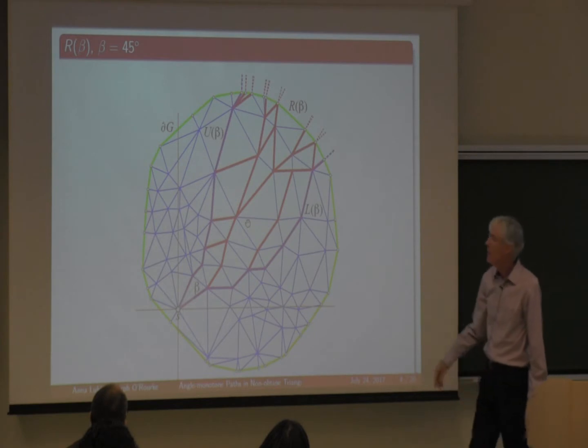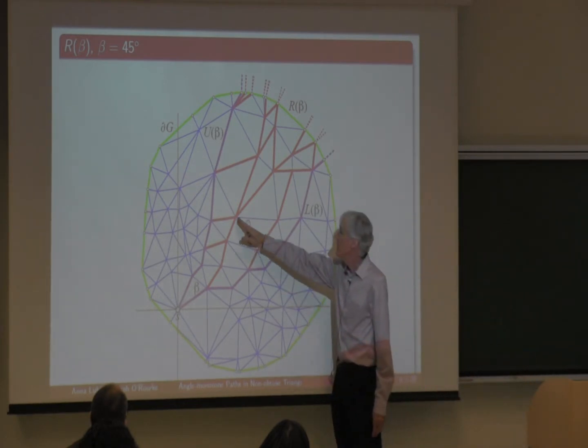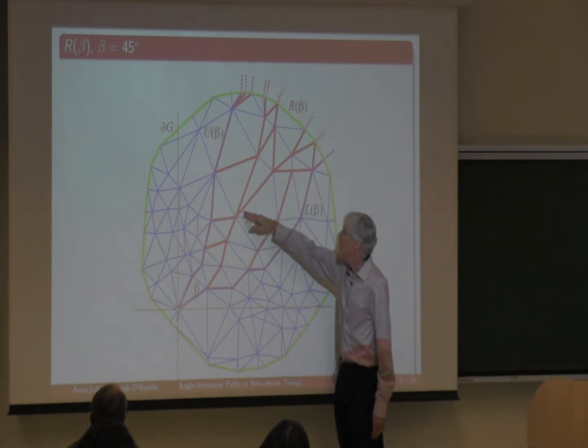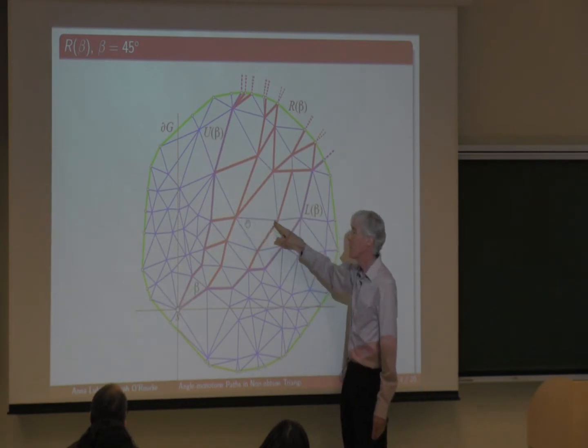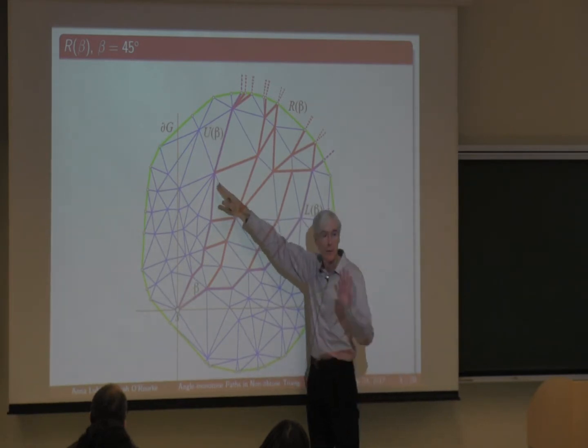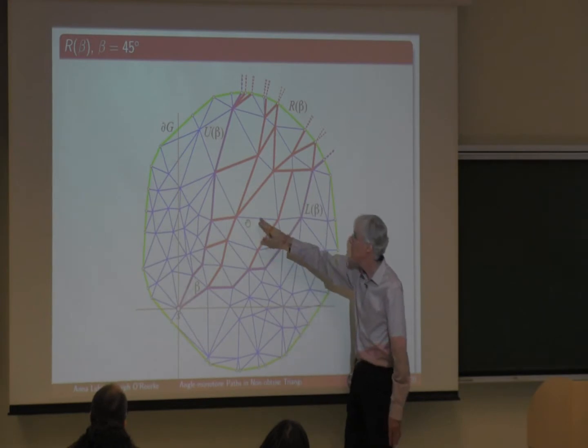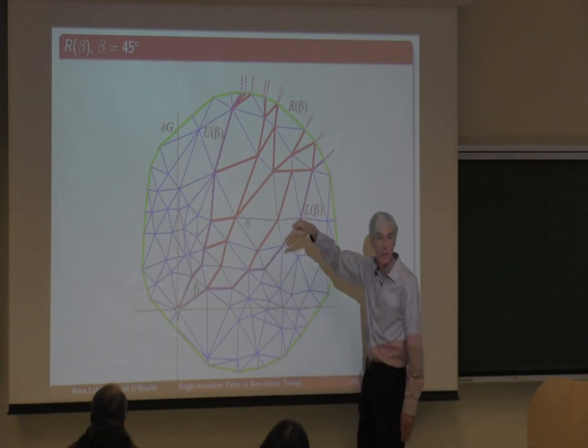And for example, if you look at here, this edge falls in the wedge, this edge falls in the wedge. This is a little below the axis. This is a little to the left of the y-axis. So these blue edges are not, but the red edges are in.